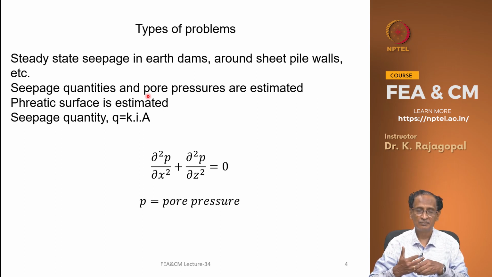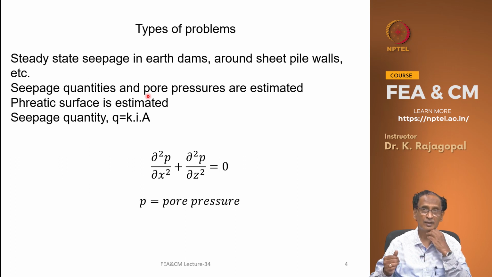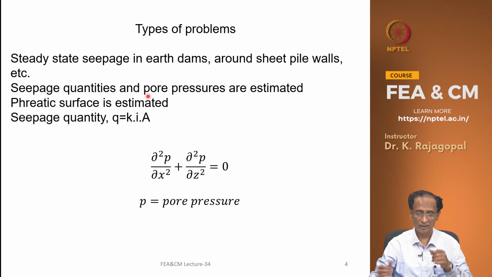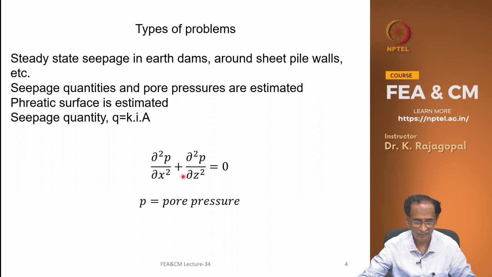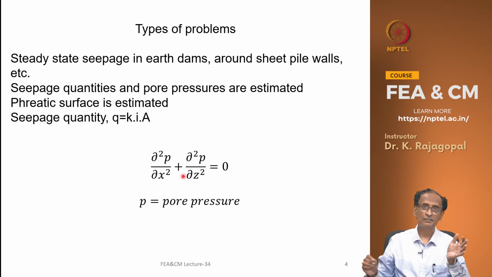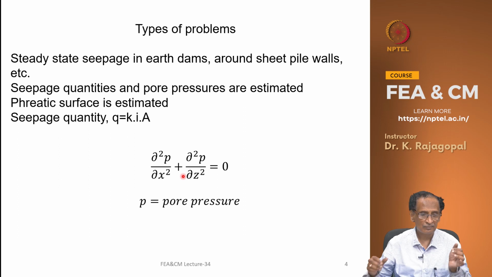There are different methods for solving it, both finite difference and finite element. We can also incorporate anisotropy. What I have shown is only for an isotropic soil medium, but it is easy to modify this equation for anisotropic soil with different coefficients of permeability in the x and y directions.